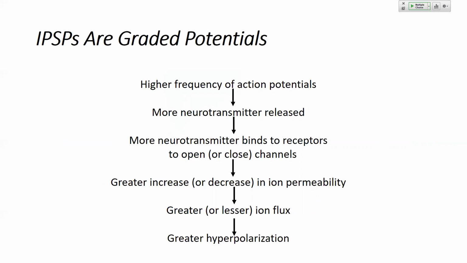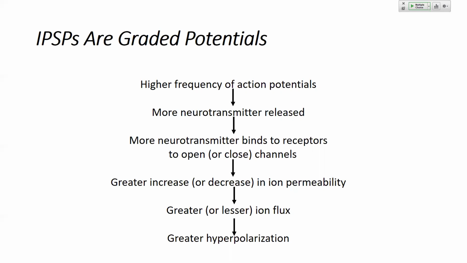Okay, so the example here is that if we have a higher frequency of action potentials, and a higher frequency just means we are firing more action potentials, what we induce is more neurotransmitter being secreted at the axon terminal. So a higher frequency translates to more neurotransmitter being released.